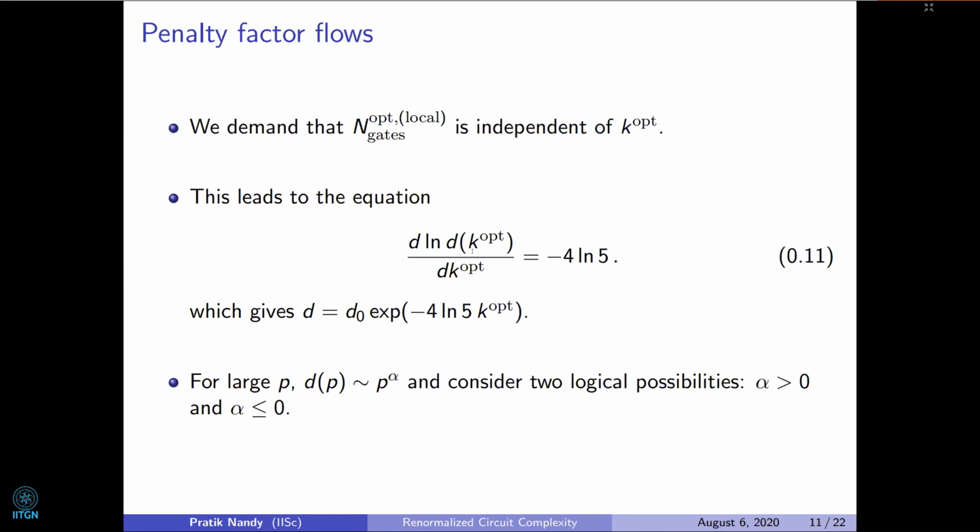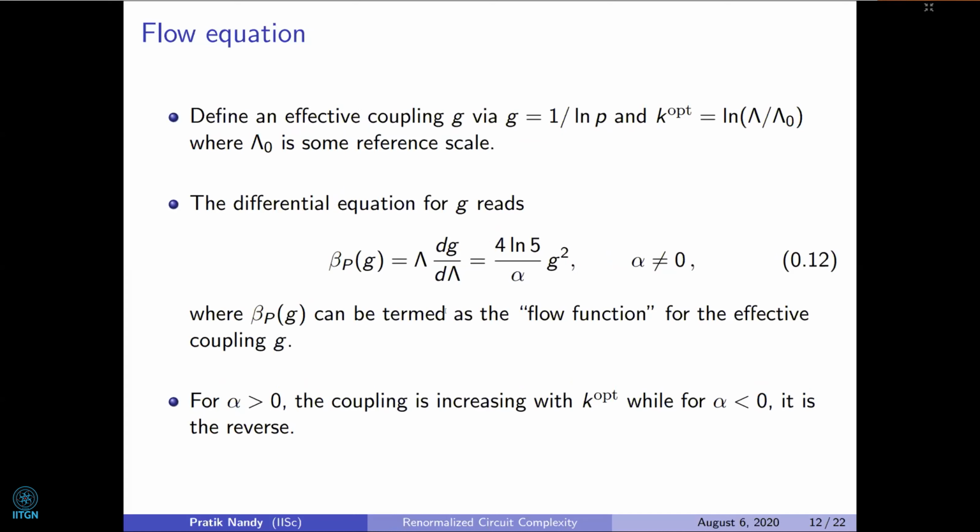This looks like a similar kind of beta function equation that we can see in QFT. This beta function, or we call it a flow function, can be positive or negative, depending upon the sign of this alpha.